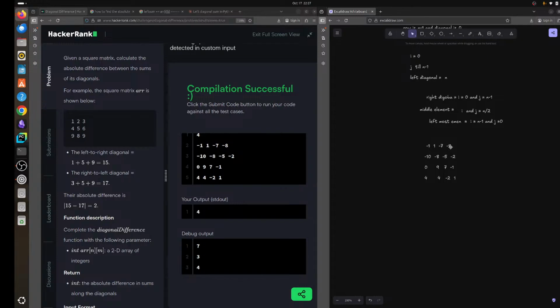Here minus eight, and then two means the specific element.